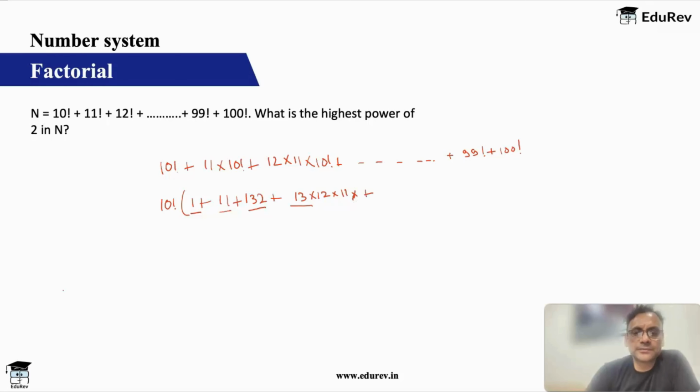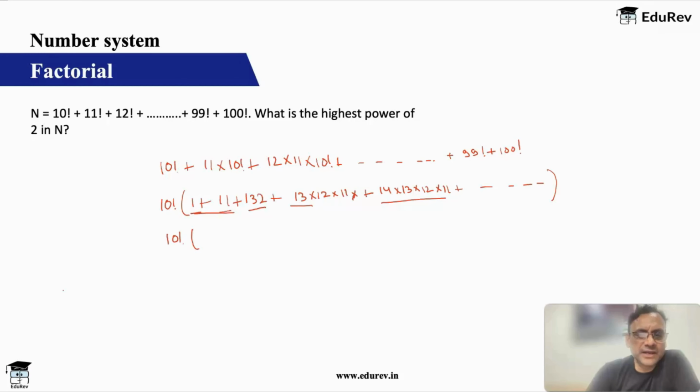Similarly, next one will be 14 into 13 into 12 into 11. This will be your 14 factorial, and so on. This is what we get. Okay, so if I write further, it is 10 factorial into 1 plus 11.